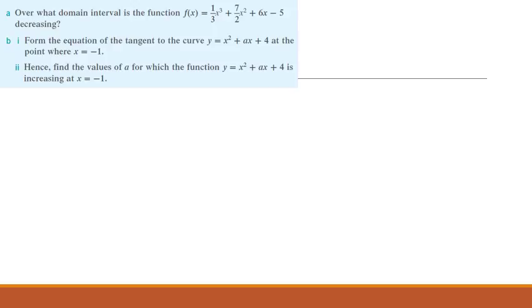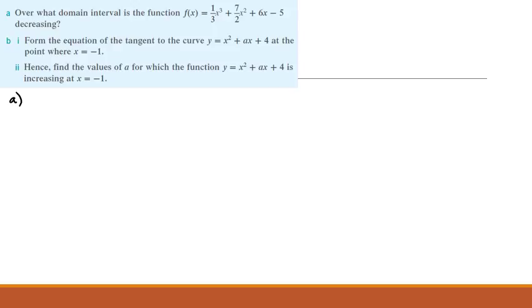Alright, so over what domain interval is the function decreasing? So once we have the equation, we can just draw a sign diagram to find this. Now, we need to firstly solve this so that we can find it. So first of all, we need to look at the start. That's positive, so that's good.